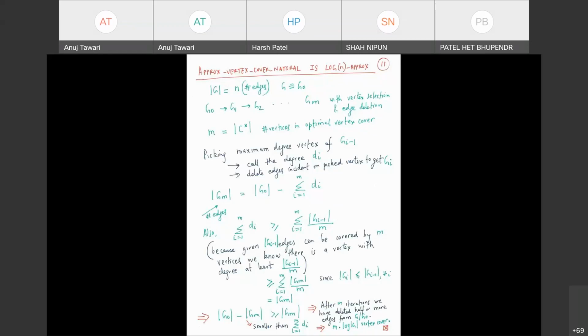Sir, can you reiterate the pricing technique used in weighted vertex cover? Yeah, sure. Let me search for that.